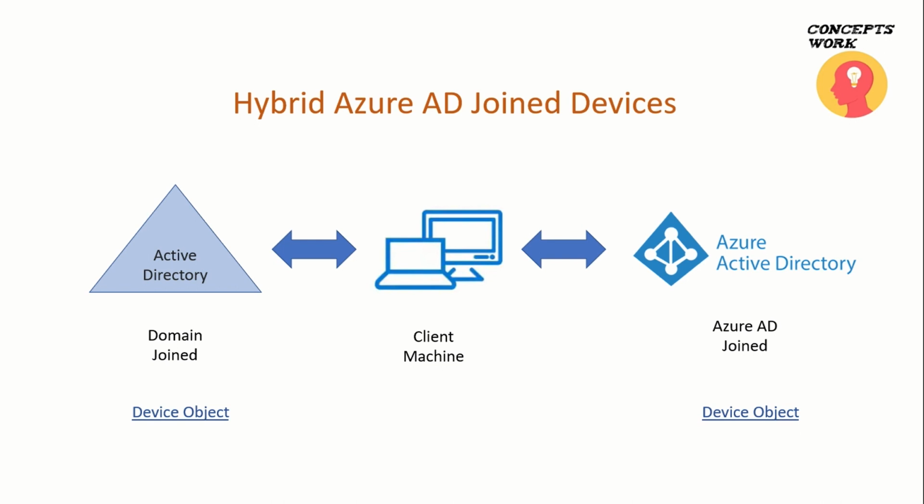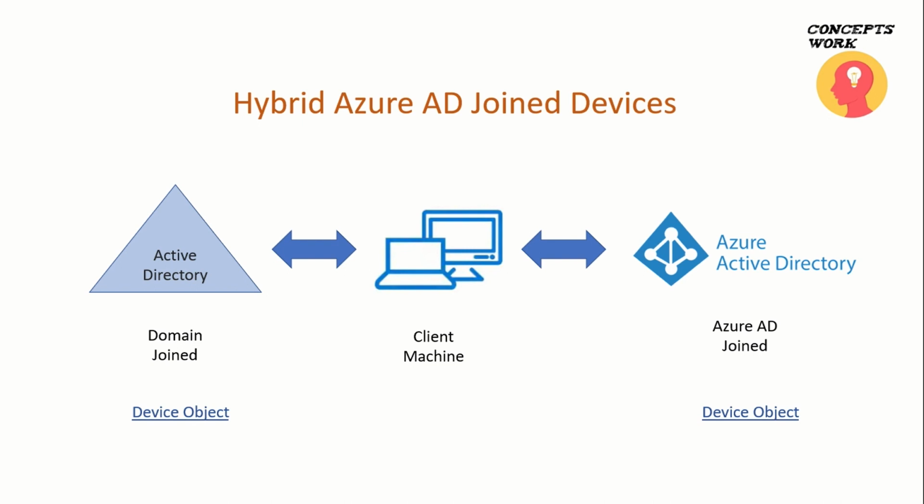That means when you domain join a machine, a device object is created in your on-prem AD in the computers container that you move to different OUs so that you can apply different policies. In a similar way, whenever a machine is getting joined or registered to Azure Active Directory, there is a device object that is created in Azure Active Directory as well.